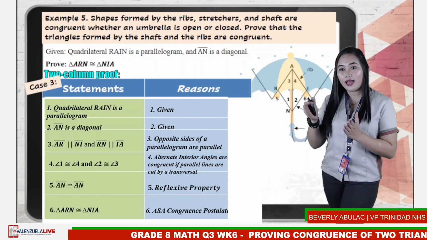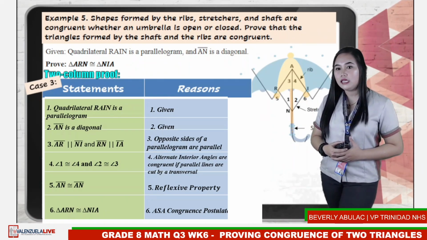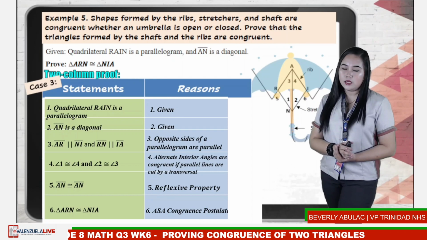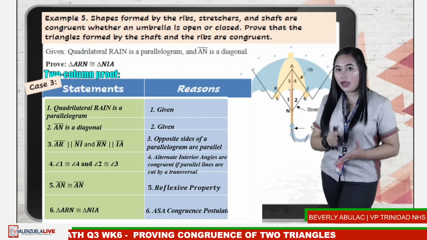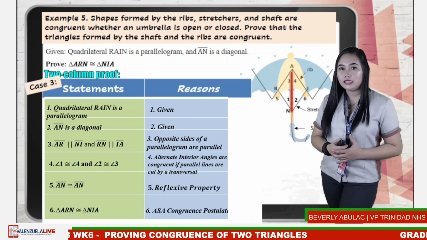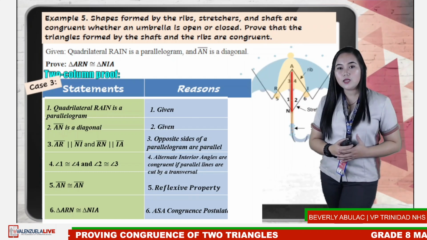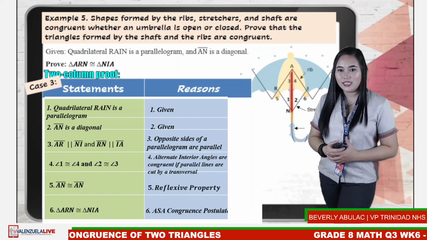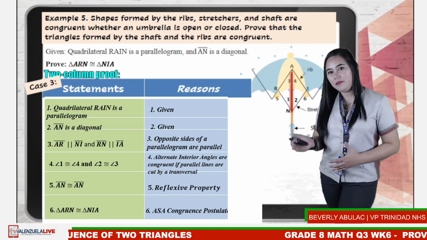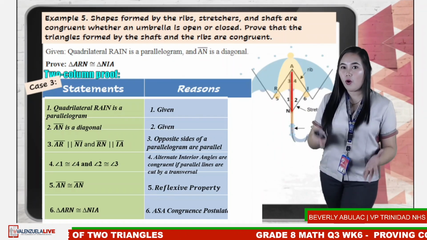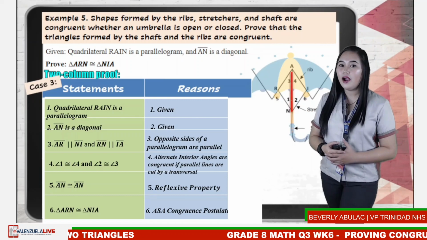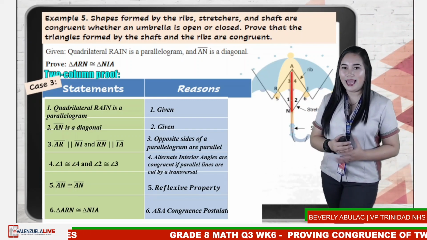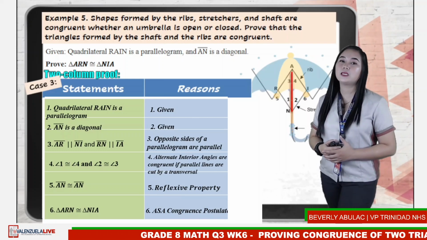Alternate interior angles are congruent if parallel lines are cut by a transversal. Since they share the same side, segment AN is congruent to segment AN by the reflexive property. Therefore, triangle ARN is congruent to triangle NIA by the ASA congruence postulate.